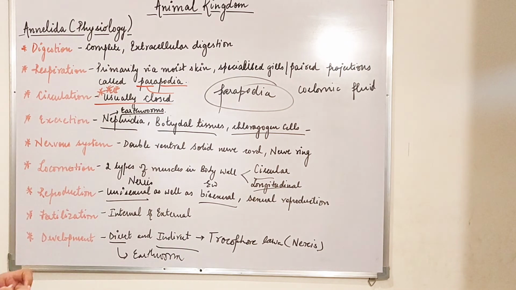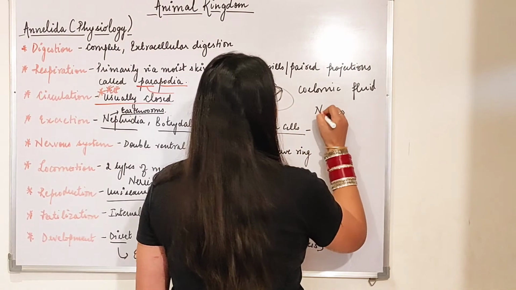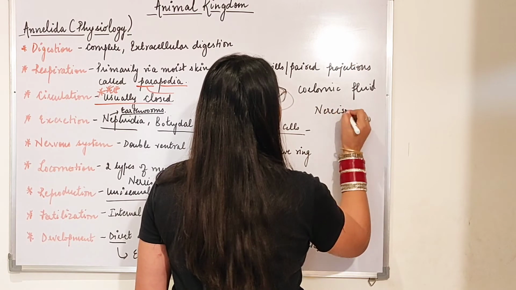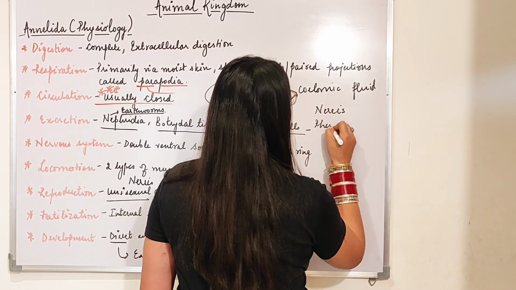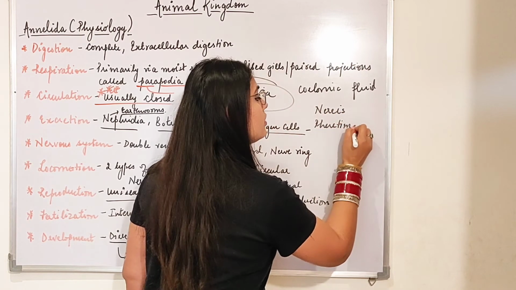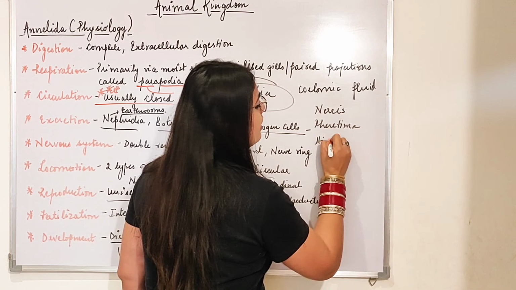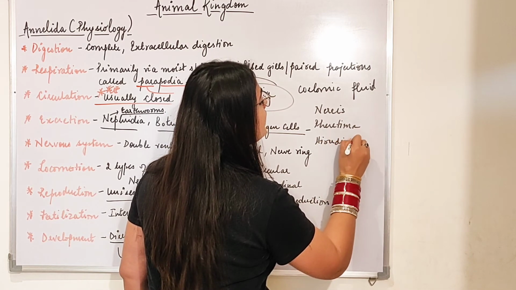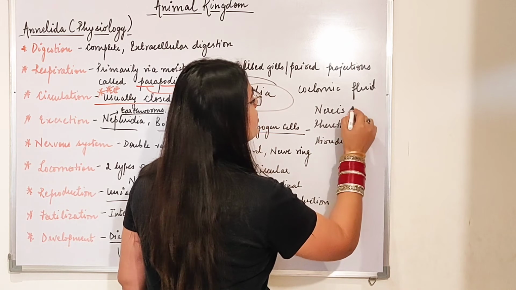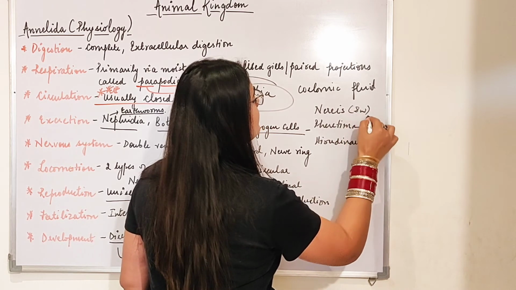Okay, now last is the examples, right? I am writing it down here: Nereis, Pheretima, and Hirudinaria. Nereis is called the sandworm.